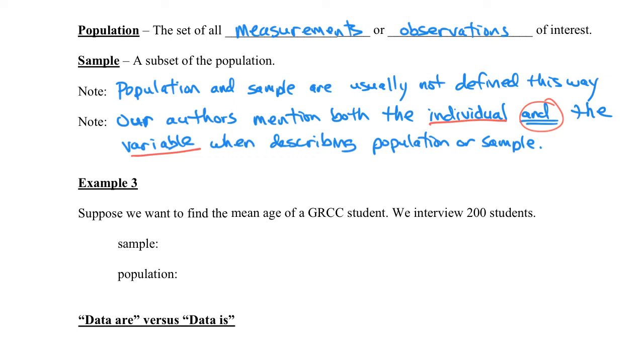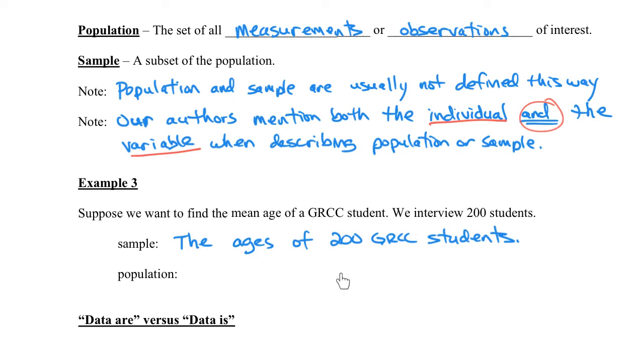The sample for this situation, that's the sample for this example, example 3, would be, now it's not 200 students, it's the ages of 200 students, right? The way our author does it, it would be the ages of 200 GRCC students.